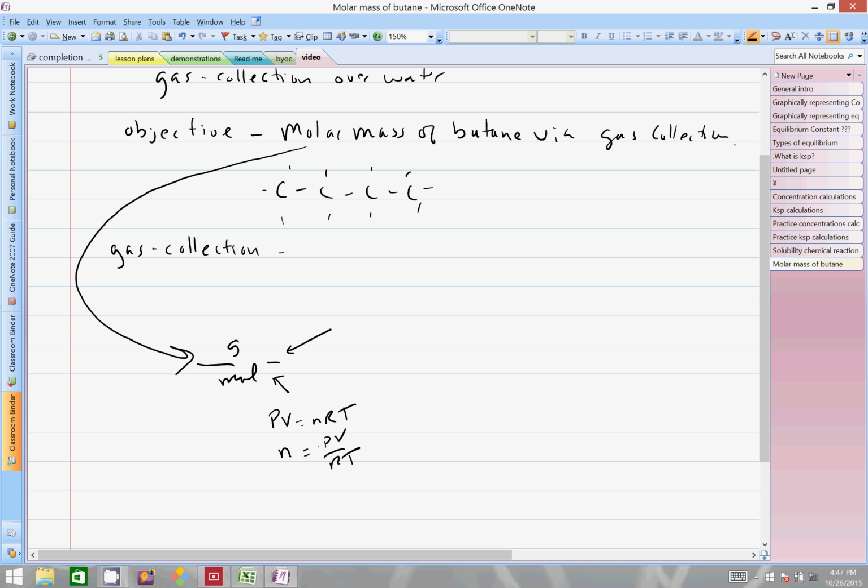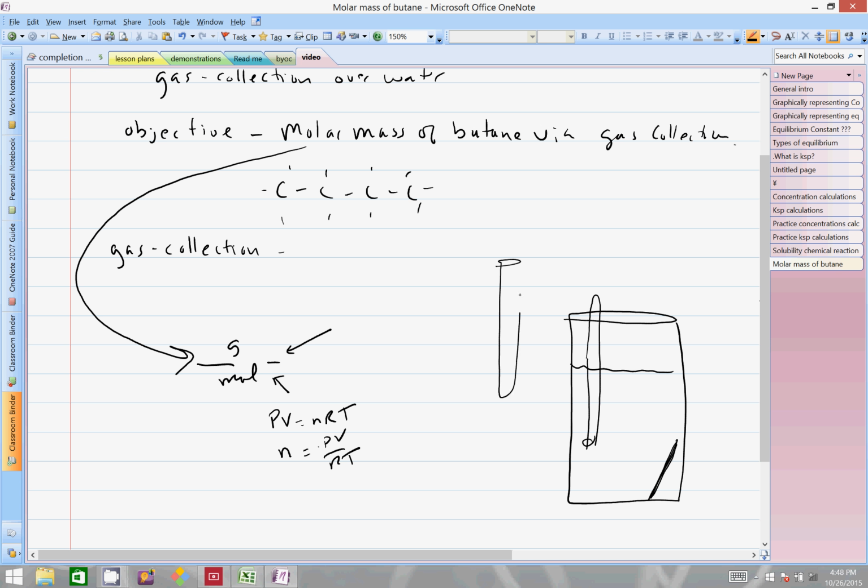This particular lab utilizes a 5-gallon bucket filled the majority of the way full. You will see a thermometer sitting in here, and then a gas collection tube, which you would fill with water first, and then you would invert it into this bucket.